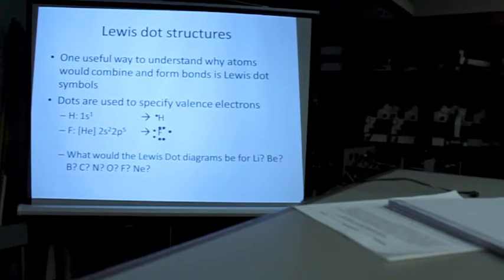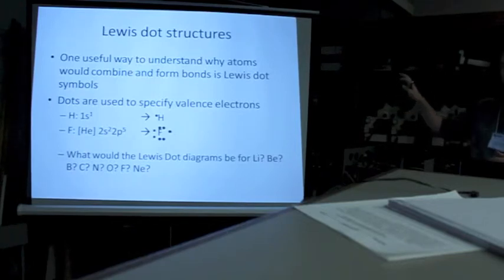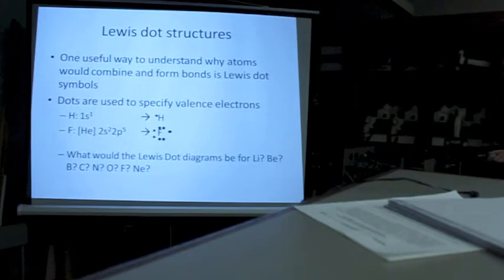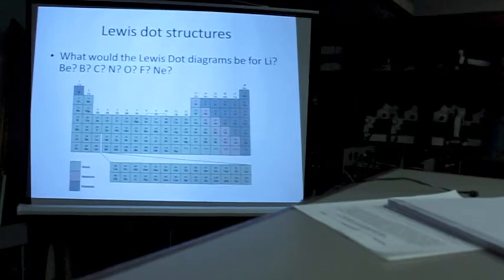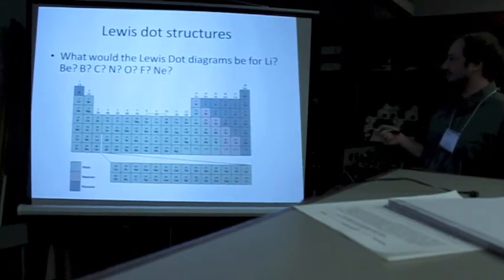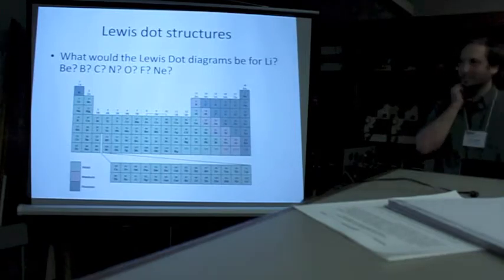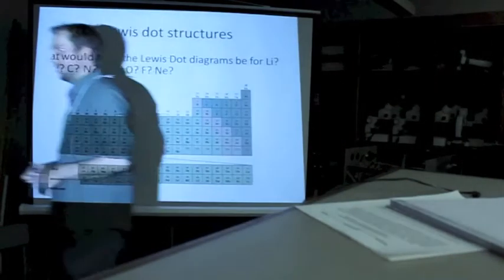But just to make sure that we understand Lewis dot diagrams, because I think they're very useful for understanding these kinds of bonds, how would we go about making a lithium Lewis dot structure? Okay, so if we wanted to do the Lewis dot structure for lithium, how would we go about that? It's number 3.